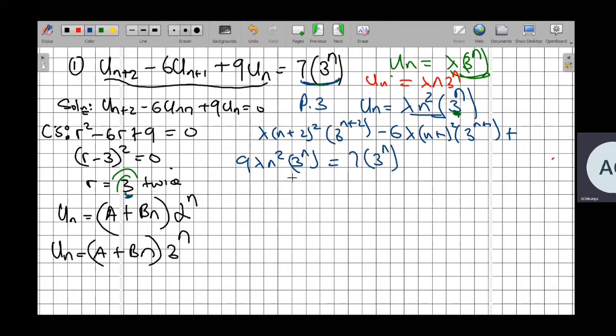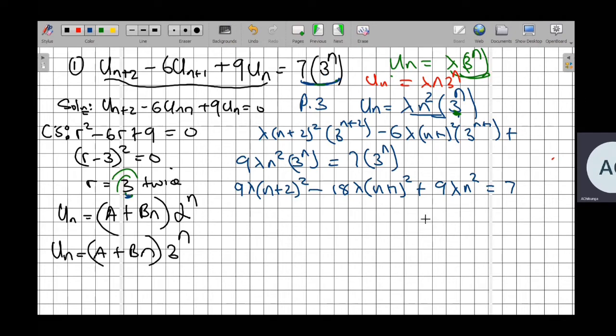Yes, we have the choice to cancel out the 3 to the power of n here. I'm sure you can see where I'm getting the 3 to the power of n by just separating exponential laws. So that's going to be 9 lambda here, then (n plus 2) squared, minus 18 lambda, then (n plus 1) squared, plus 9 lambda n squared is equal to 7.